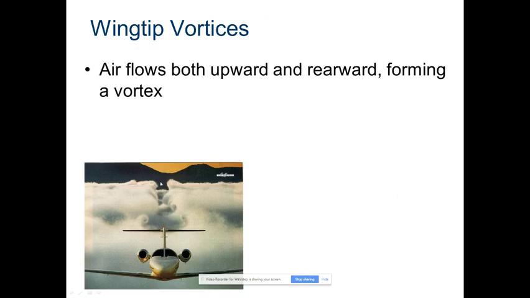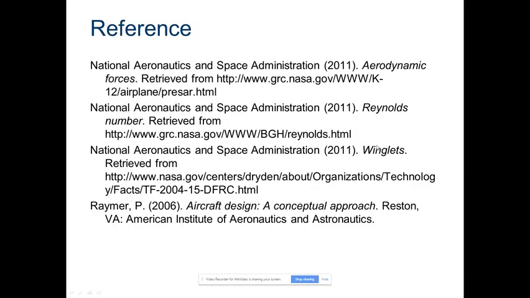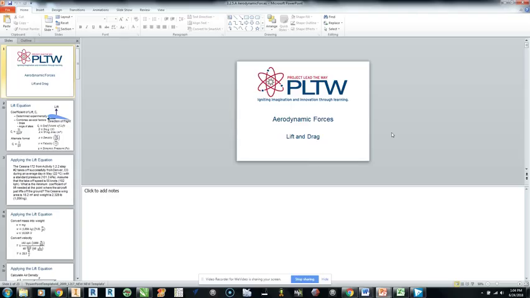So what they'll do is put winglets on the tips to help get rid of these wingtip vortices, very similar to this one, and improve fuel efficiency. So that is it for that one.